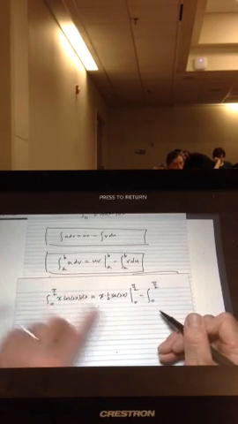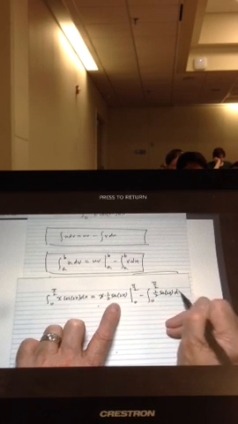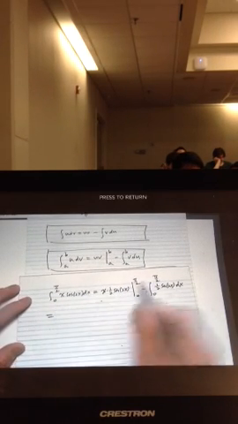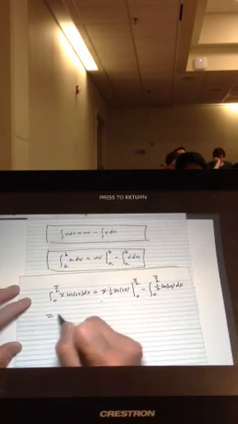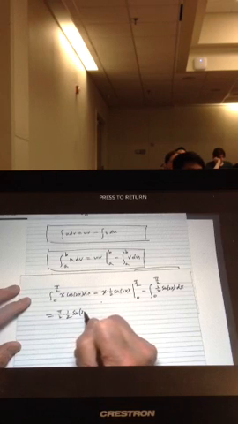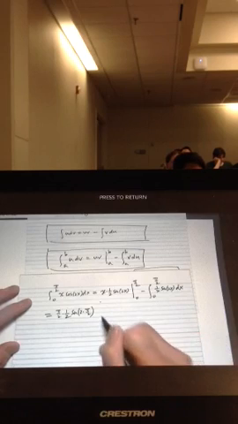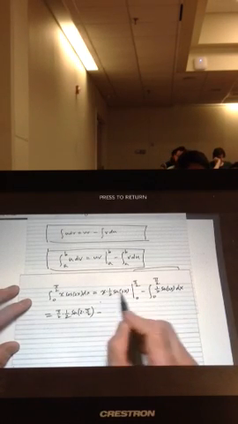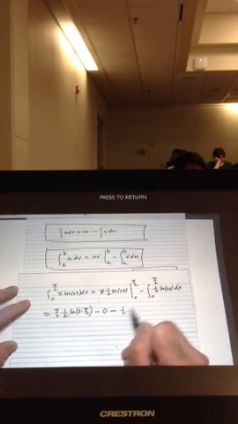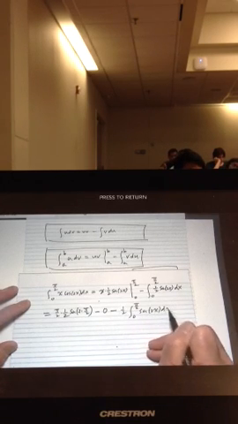Okay? Minus the integral from 0 to pi over 2 of v du, v is 1/2 sine of 2x, du is dx. So here I substitute x by pi over 2: pi over 2 times 1/2 sine of 2 times pi over 2. Minus, now I substitute x by 0, so it's all 0. Minus 1/2 times the integral from 0 to pi over 2 of sine of 2x dx.